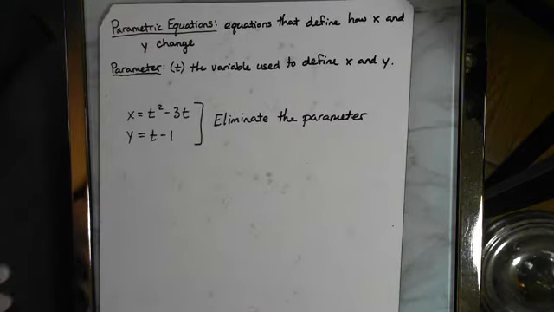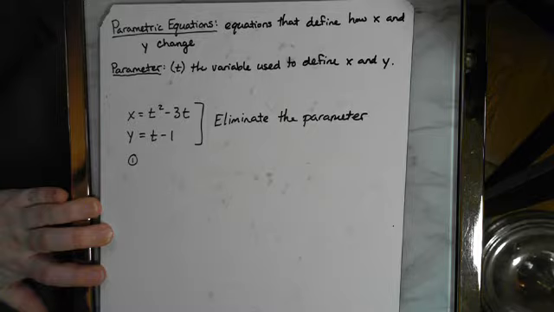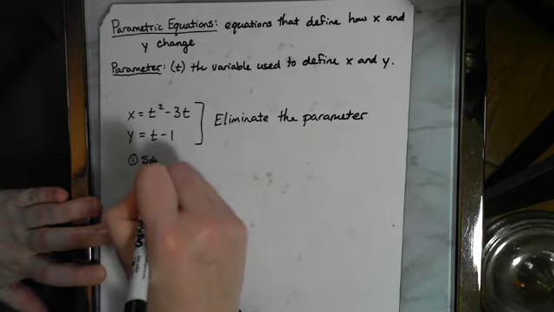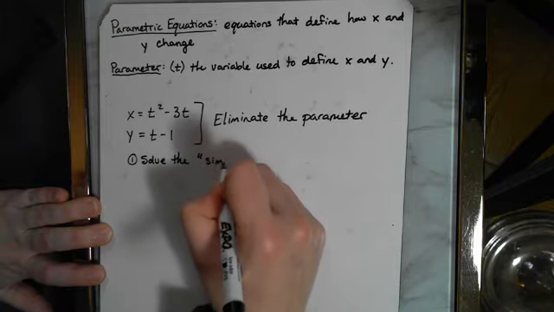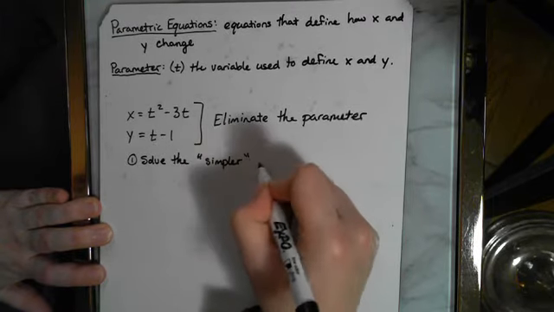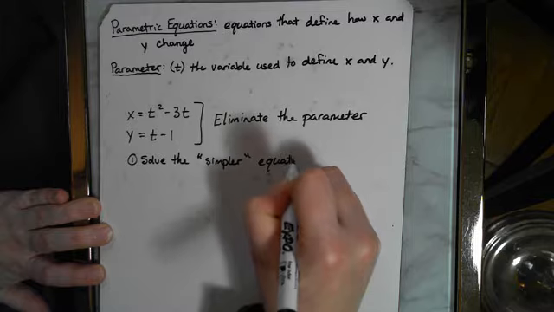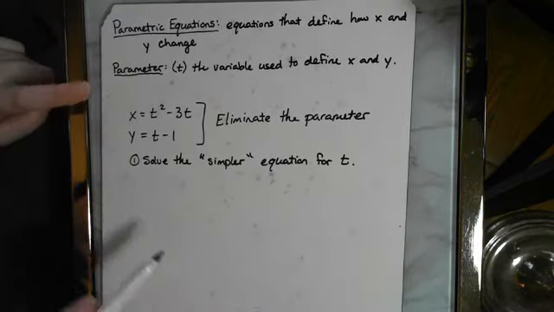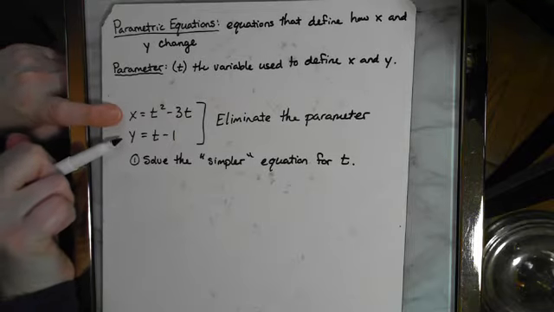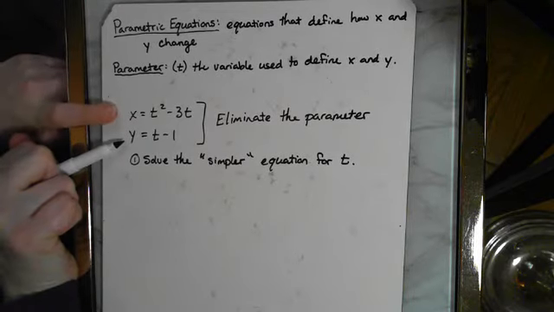Okay, so step 1 for eliminating the parameter is to solve the simpler equation for t. So I'm going to look at these two and say which one looks like the easier one to solve for t in.